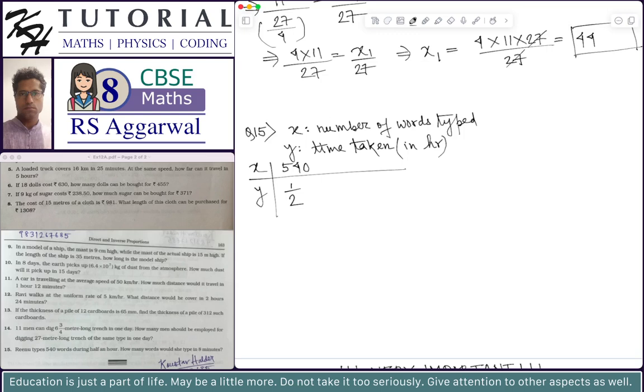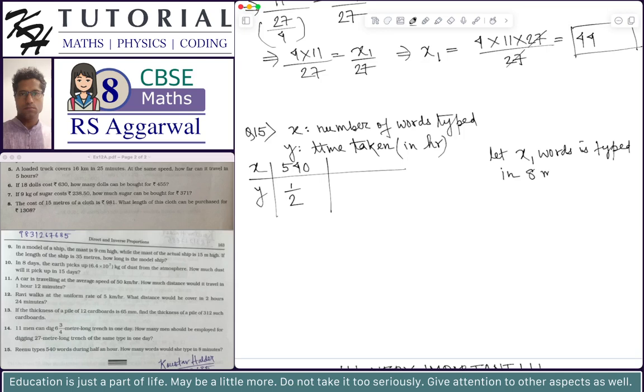Okay. Now it is asking how many words she would type in 8 minutes. So let's say x1 words are typed in 8 minutes.